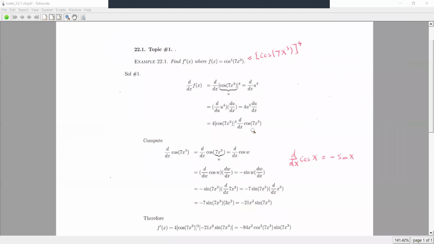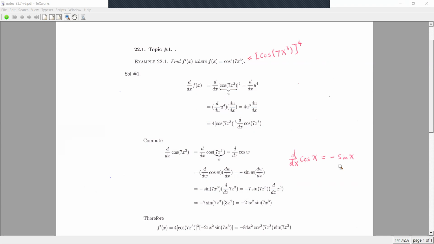To find this derivative, I need the chain rule again. I simplify the function by introducing an intermediate variable w. I let w be 7x to the third. Then the function becomes cosine of w. Now, I want to compute this derivative by this formula.